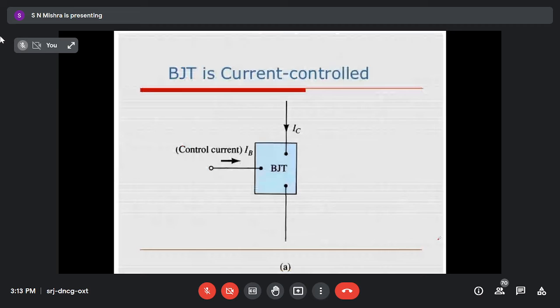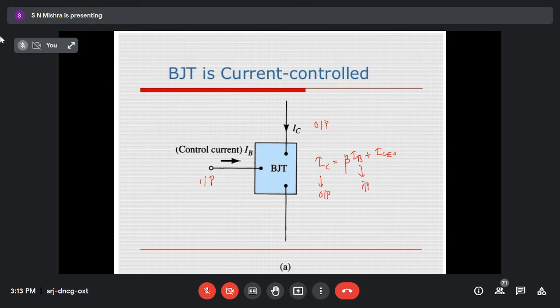So first is BJT. So BJT is a current controlled device. So if this is BJT and this is my input, this is my output. So we are getting IC equals to beta IB plus ICEO. So this is my output, this is my input.